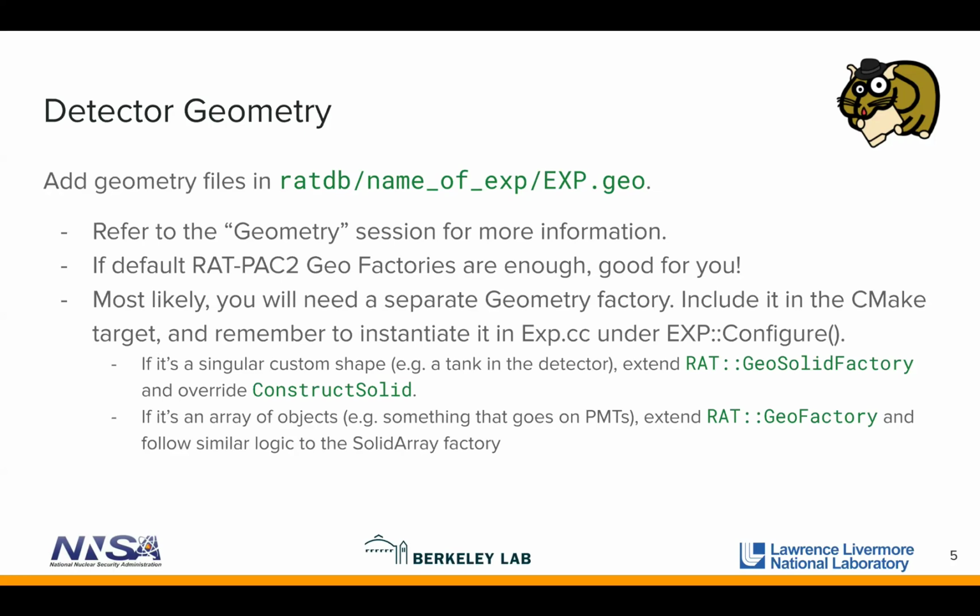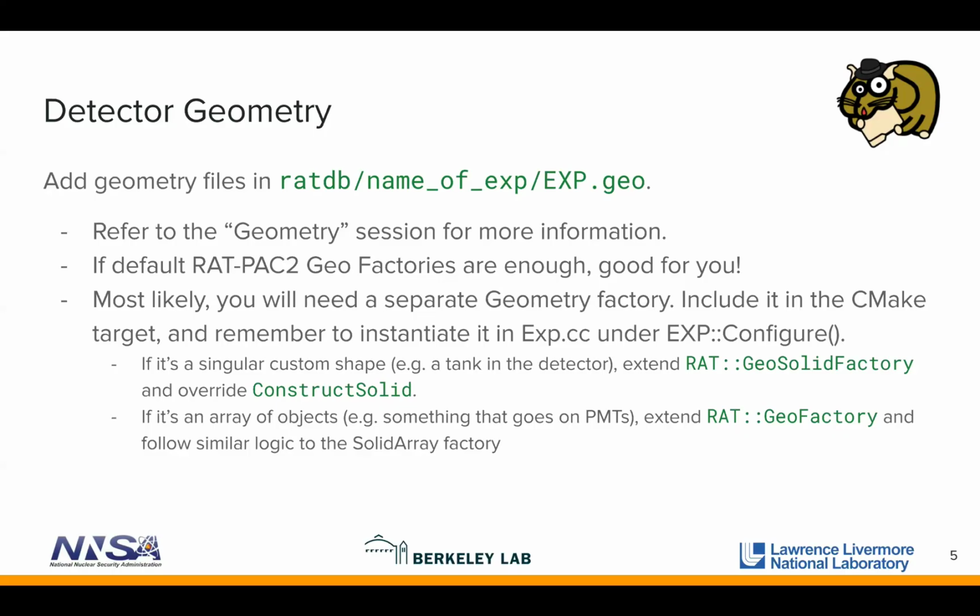So you would put ratdb/name of your experiment, and then the experiment .geo file is the convention in ratpac-2 where we do things. Go back to the talk that we did on geometry to get more information on how to write a geo file.